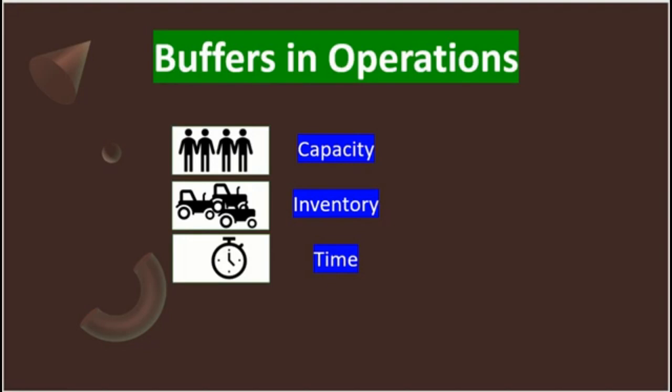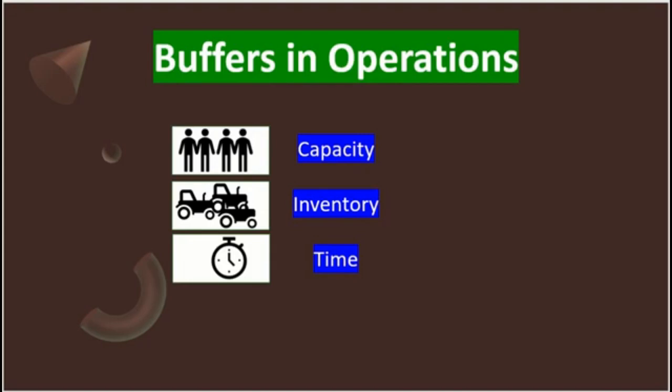Now let's look at time as a buffer. If customers are willing to wait, then we can go for this option. For example, you can make the product after getting orders in bulk, and this will also help you supply at a competitive, low price, because you are not maintaining any inventory and you are able to produce with maximum efficiency.